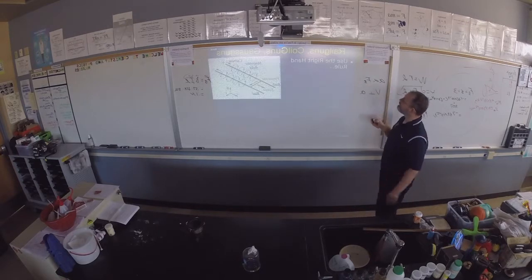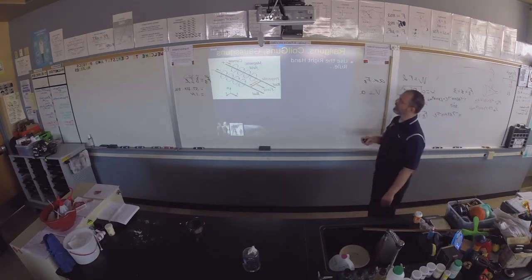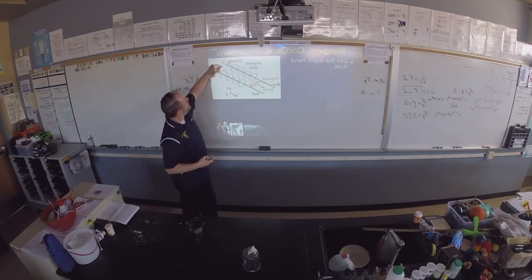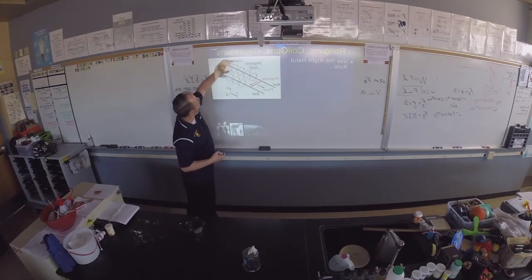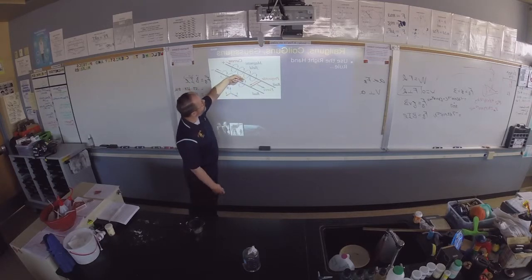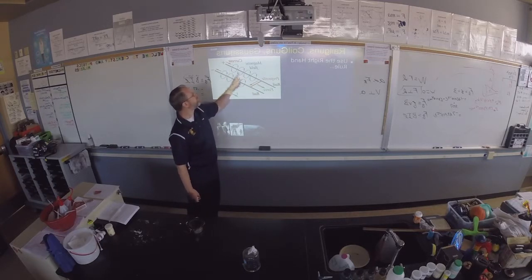They work like this. So this is the railgun, and what happens, if you use your right-hand rule, is as the current goes down the coil, that creates a magnetic field this way. And the current goes up this coil, that creates a magnetic field this way. Both of them work together to produce a magnetic force on whatever metal you have between the rails.